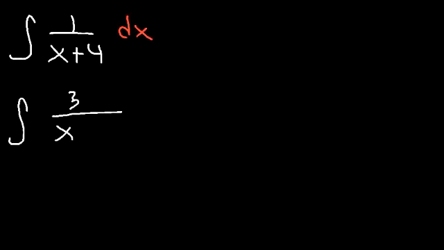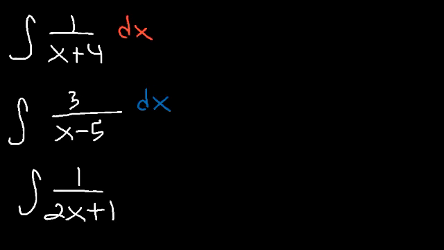So what is the antiderivative of the following functions? Let's say 1 over x plus 4 dx, x minus 5 over 3, actually let's say 3 over x minus 5 dx, and 1 over 2x plus 1 dx.